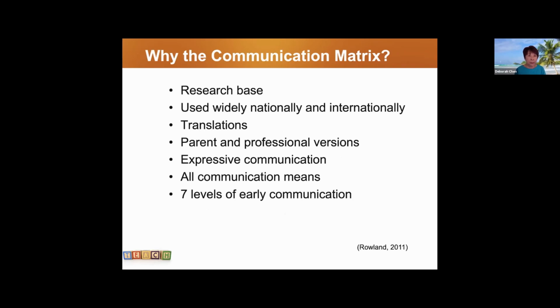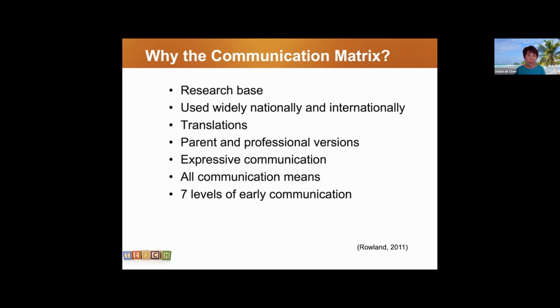So the research base is there are articles on it. It's used both nationally and internationally, and because of that, there are many translations, especially in the parent versions, for the most common languages in the United States. It again, I want to emphasize this, will measure the expressive communication for children using a variety of communication means.